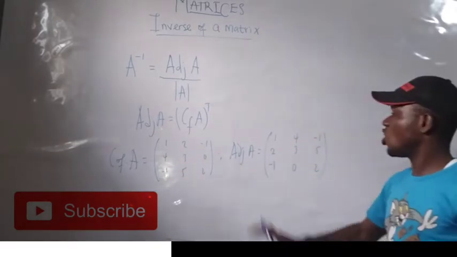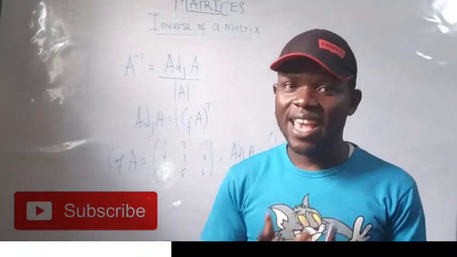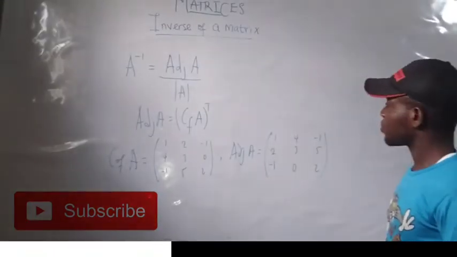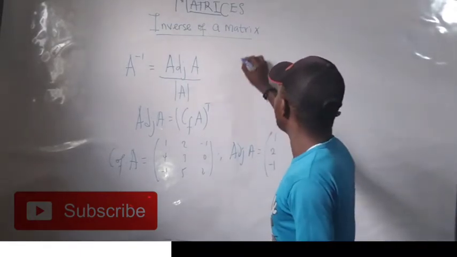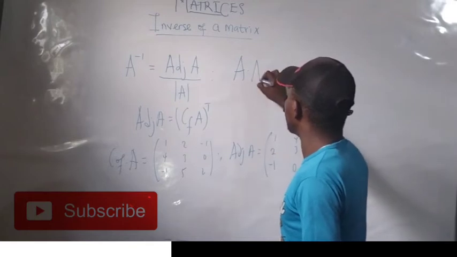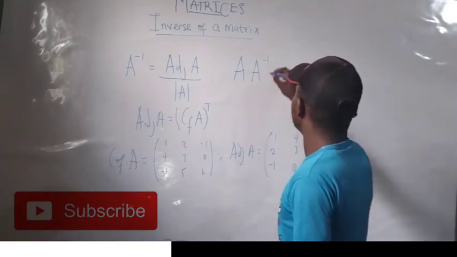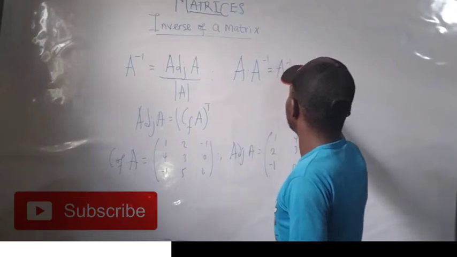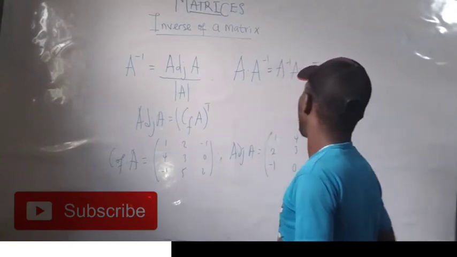With that, you can easily talk about the adjoint of matrix A. That's how simple it can be. And I need to let you know that when you multiply a given matrix with its inverse, it's the same thing as multiplying the inverse with that matrix A, and it's liable to give you the identity matrix, I.